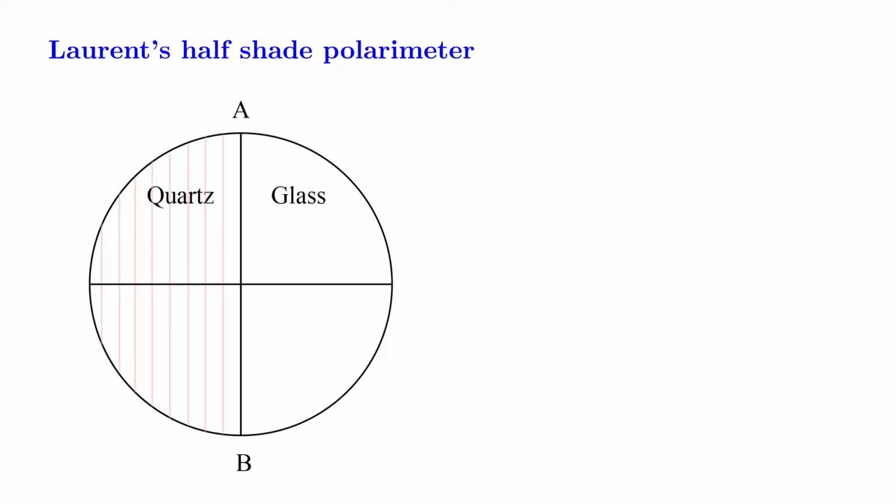The quartz plate is a half-wave plate. That is, the quartz plate has a thickness d, which will produce a path difference of lambda by 2 or a phase difference pi between the E and O rays.